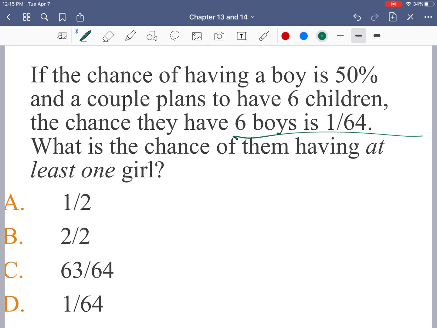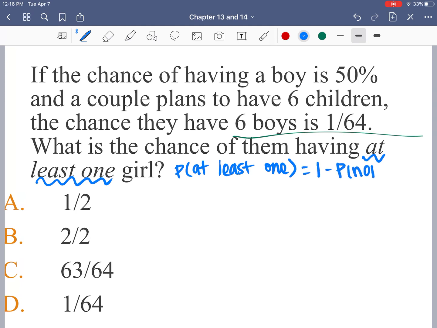If the chance of having a boy is 50% and a couple plan to have 6 children, the chance they have 6 boys is 1 out of 64. What is the chance of them having at least 1 girl? Okay, this is where one of our formulas comes in. I said the probability of at least 1 is equal to 1 minus the probability of none.